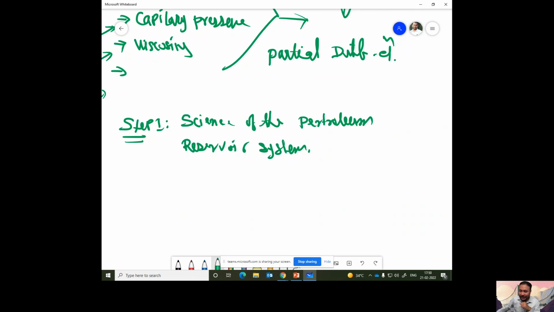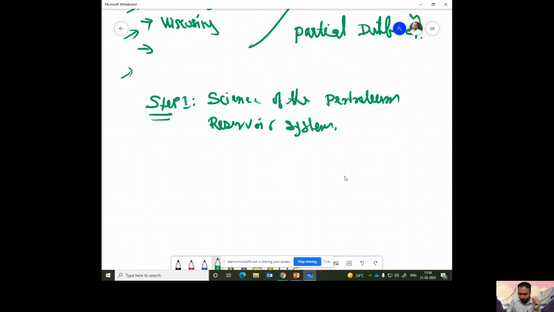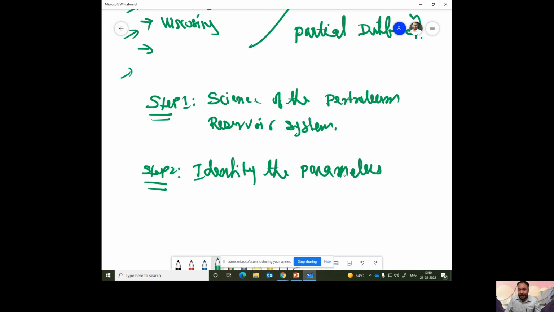Okay. After understanding, step number two. What should I do in step number two? In step number two, I have to identify the parameters that control the system, right?